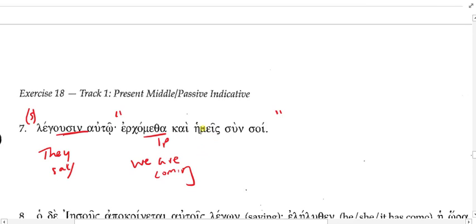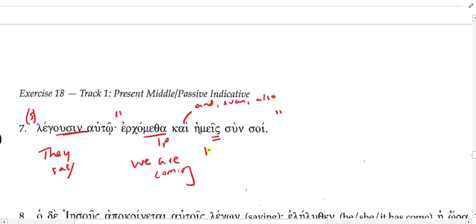Kai humeis. So is this we are coming and us or and we? Okay. Yeah, kai has a couple of ways it can be translated: and, even, also. Here it's probably best rendered as also. And this is what case? Hēmeis. This is not as easy to see for case, but hopefully you had memorized your pronouns, right?